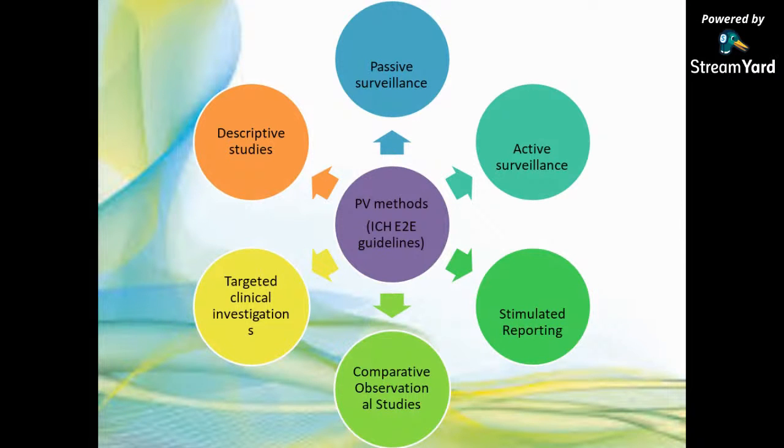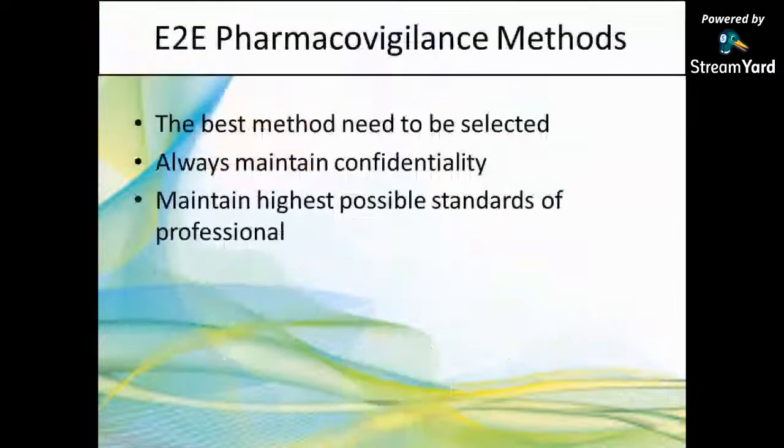So depending upon the source of the report, the various methods are given in the ICH E2E guidelines. These E2E guidelines give you the best idea how to select the method for reporting the adverse event. So these guidelines will give you the best method to be selected for reporting the adverse event.